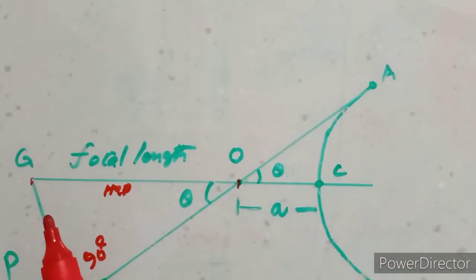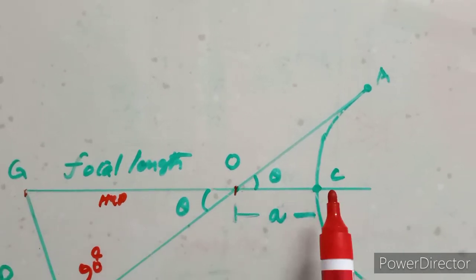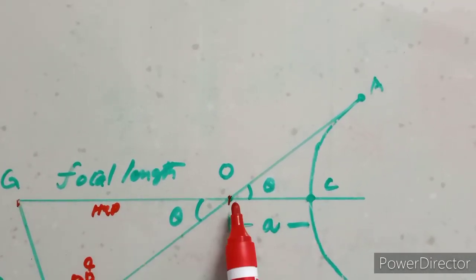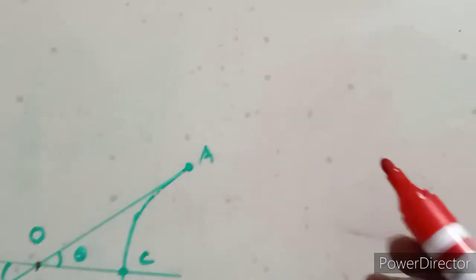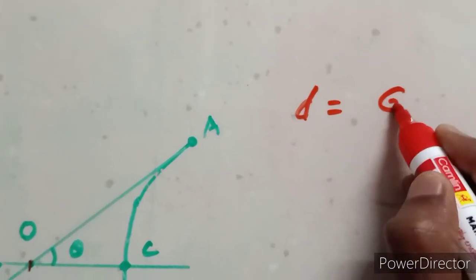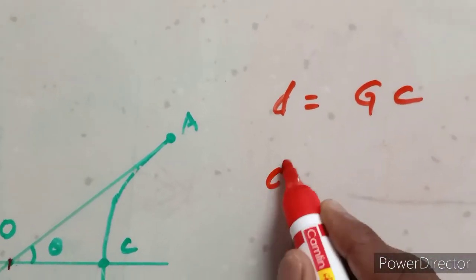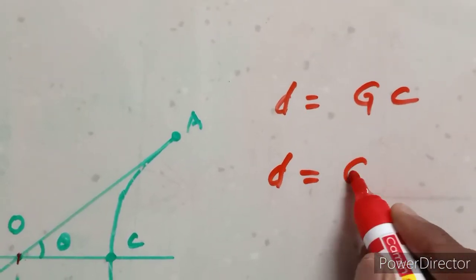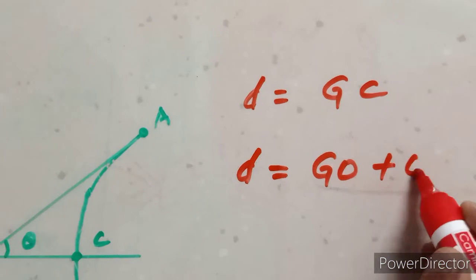Then the closest distance GC equals GO plus OC. Then the closest distance of approach d equals GC, that is d equals GO plus OC.